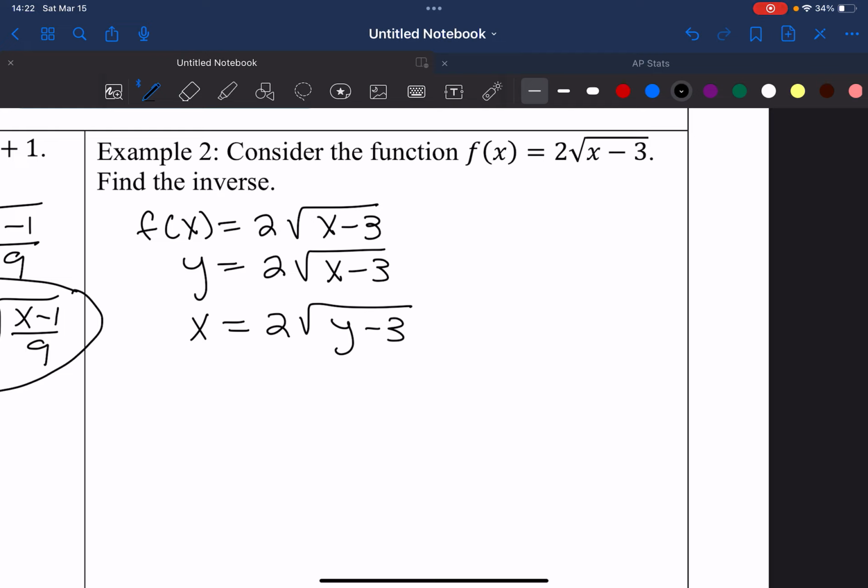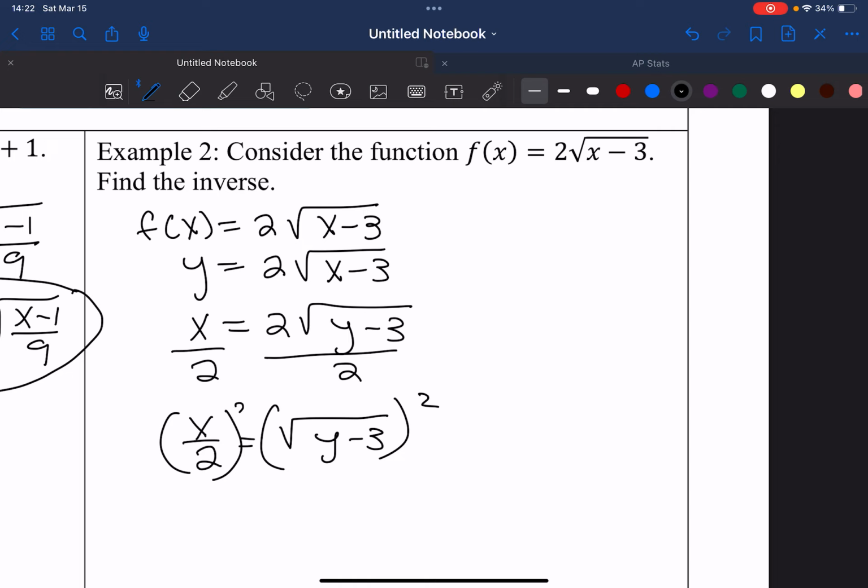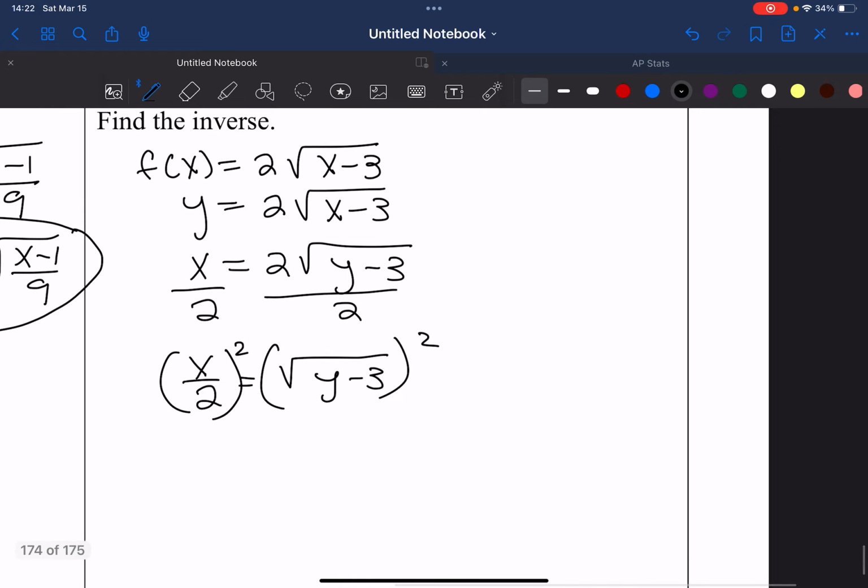And now I have to get y by itself. So in order to do that, I'm going to first divide by 2. So I have x over 2 is equal to the square root of y minus 3. Then I'm going to square both sides to get rid of that radical. So this is now x squared over 4, I just squared both the numerator and the denominator, is equal to y minus 3.